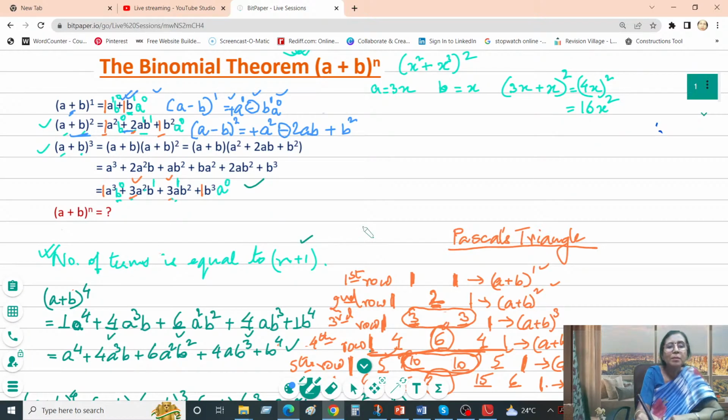What about a plus b raised to the power of 3? It will be, this is what we have got. So let us get a minus b whole raised to the power of 3.